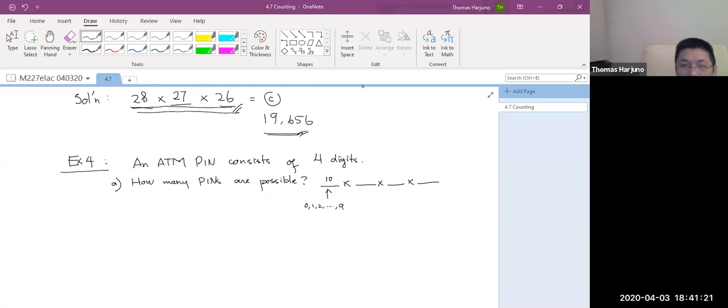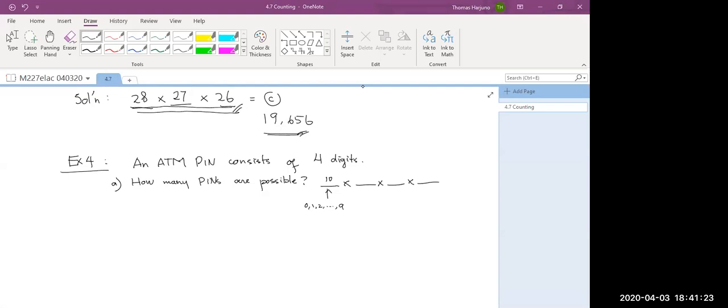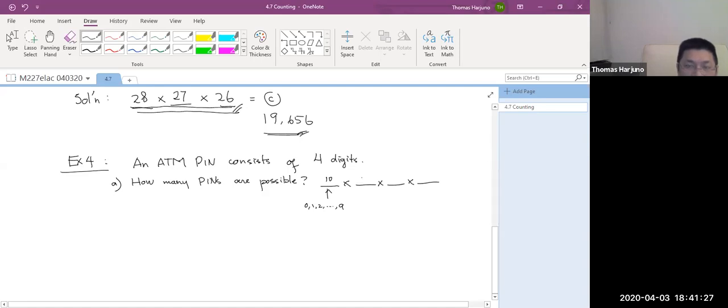How about the second place? Now there's no restriction, which means that I may be able to reuse the number I used earlier, right? So for the second place, I still have 10. For the third place, I still have 10. For the fourth place, I still have 10. So in total, I have 10 to the 4, or 10,000 pins possible.